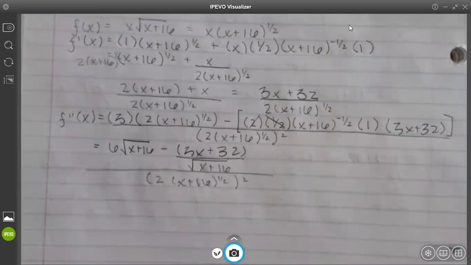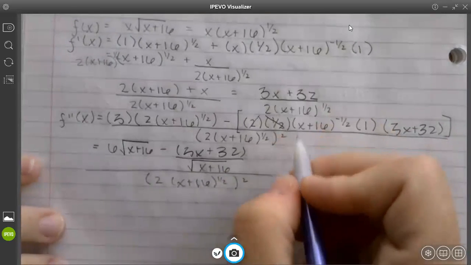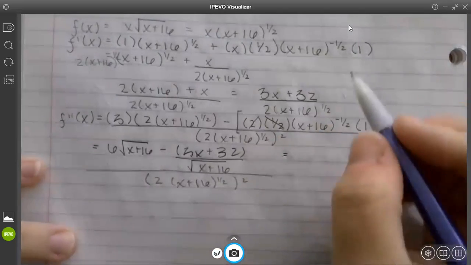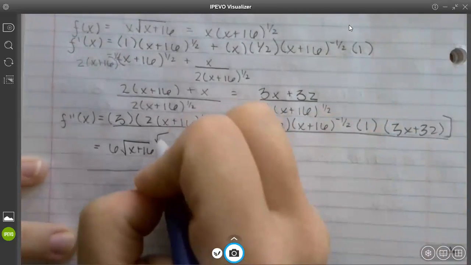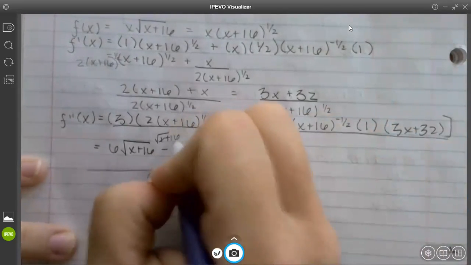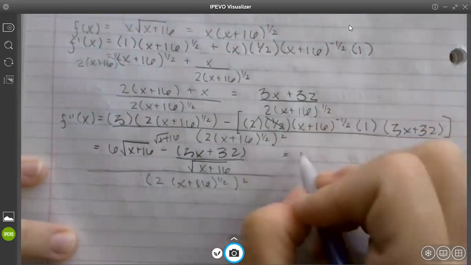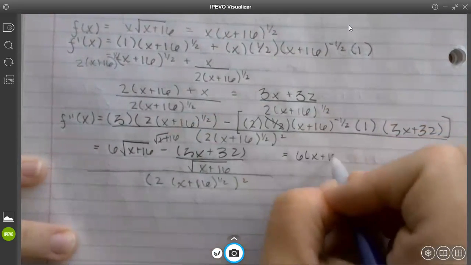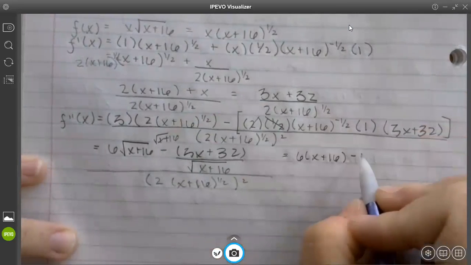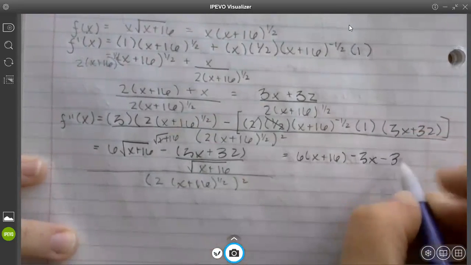What's your common denominator on the top? Not just x plus 16, but square root of x plus 16. So we're going to have 6 times x plus 16. We're going to have a minus 3x and a minus 32.